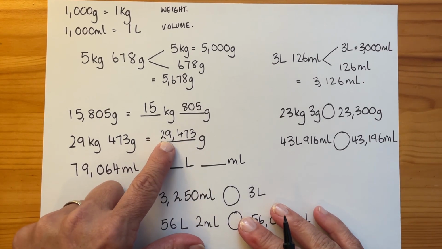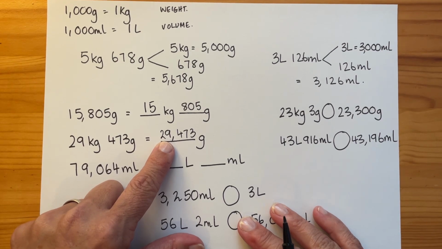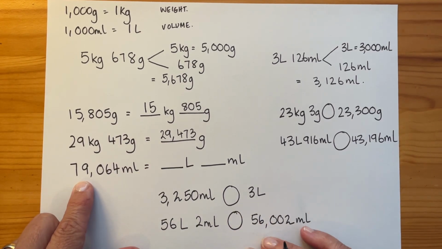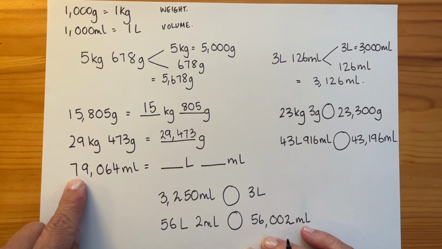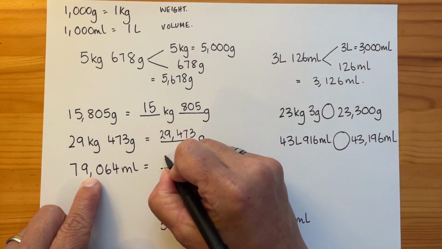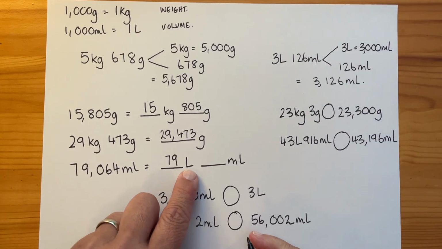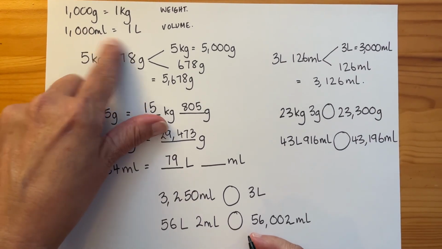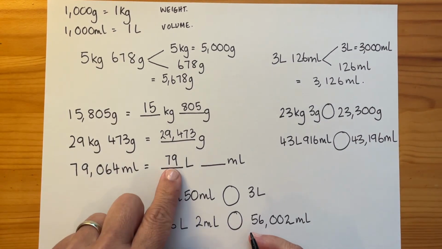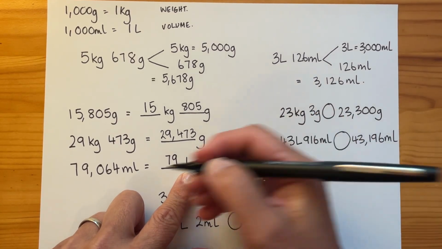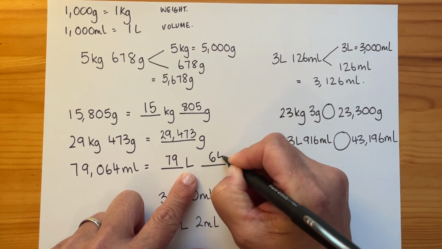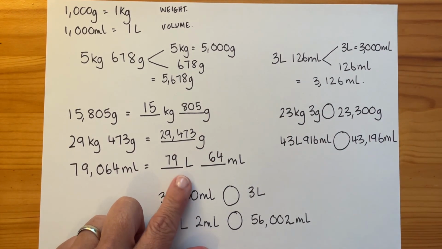So anything that's in the front is going to be the kilos. And then here we're going to kind of go backwards a little bit. 79,000, so I know that's going to be the number of liters that I have because 1,000 milliliters is 1 liter, so it's 79,000. And what's left over? Well, I don't need to put the 0, I can just say 64 milliliters.